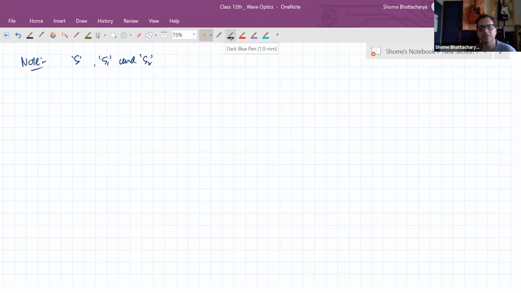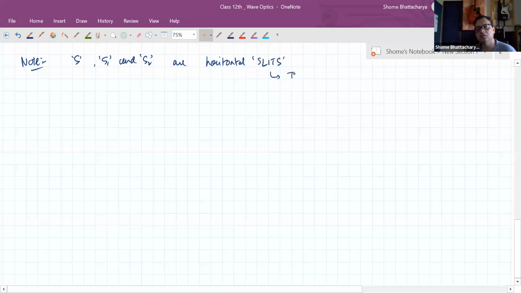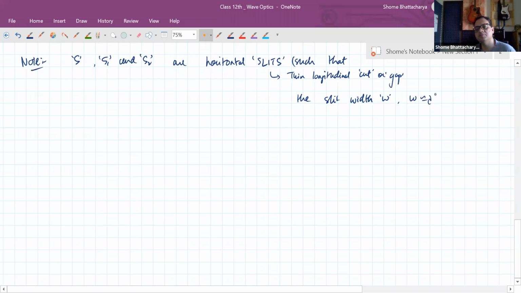So, these three, S, S1 and S2, are basically horizontal strips we call slits. A slit is basically a thin, longitudinal cut or gap such that, now this is important, the slit width W is of the same order of magnitude as lambda.